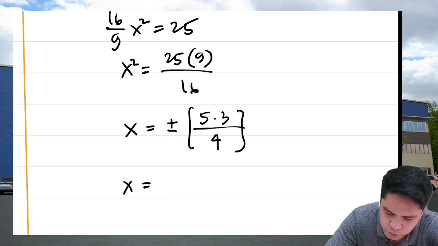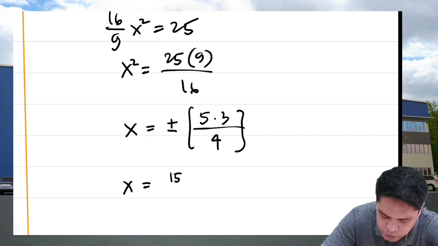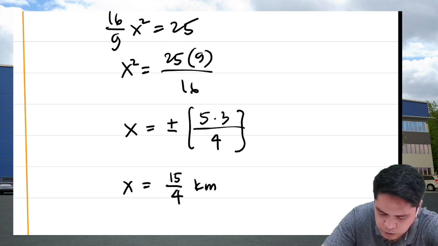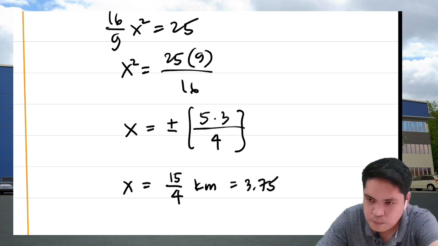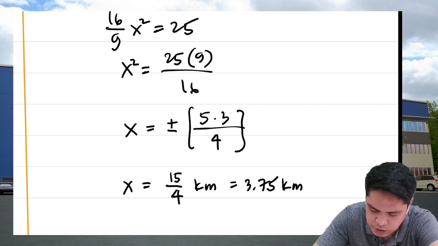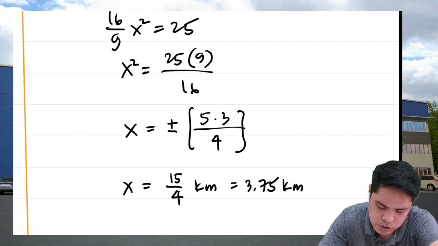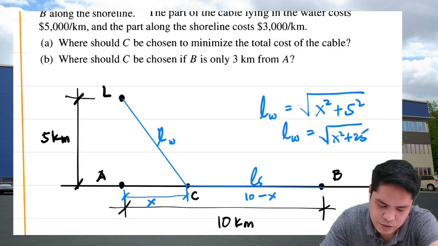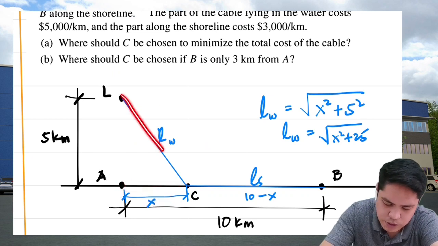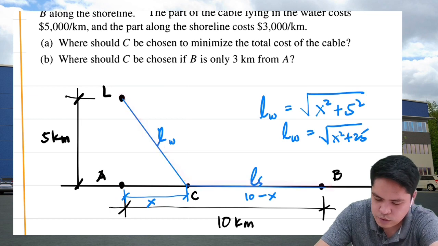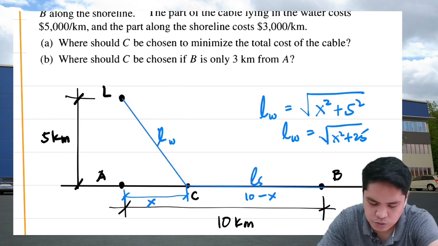So 15 over 4, positive, negative, we'll just take the positive, 15 over 4 kilometers, or that would be 3.75. Okay, that's in kilometers. So, meaning C should be located at 3.75 kilometers from A in order to minimize the cost sa pag-layout ng cable.